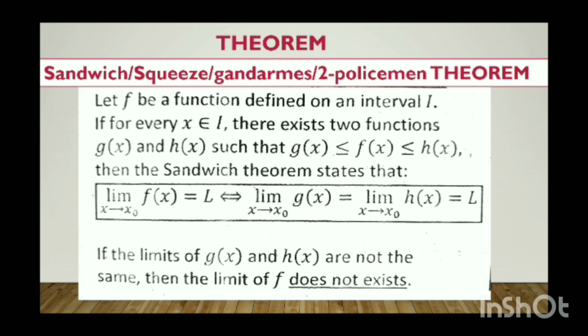This is what happens here. Provided we have two people going to the same destination, then you in the middle must also follow them to where they are going. So g of x and h of x have the same limit. Finally, f of x being in the middle of the two of them must have the same limit as well.